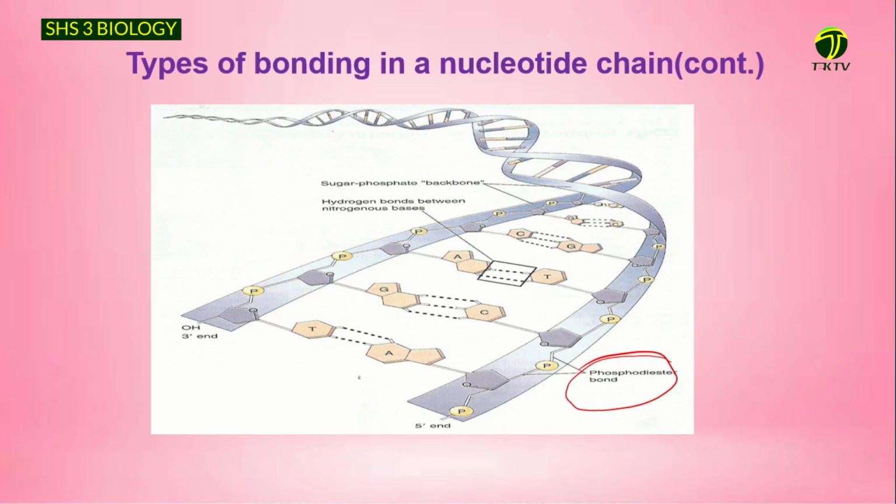Then I can see one of the hydrogen bonds also there, which is a horizontal bond from my picture. So based on the orientation, you can determine whether the phosphodiester bond is vertical or horizontal. But from my orientation here, the phosphodiester is a vertical bond and the hydrogen bond is a horizontal bond.